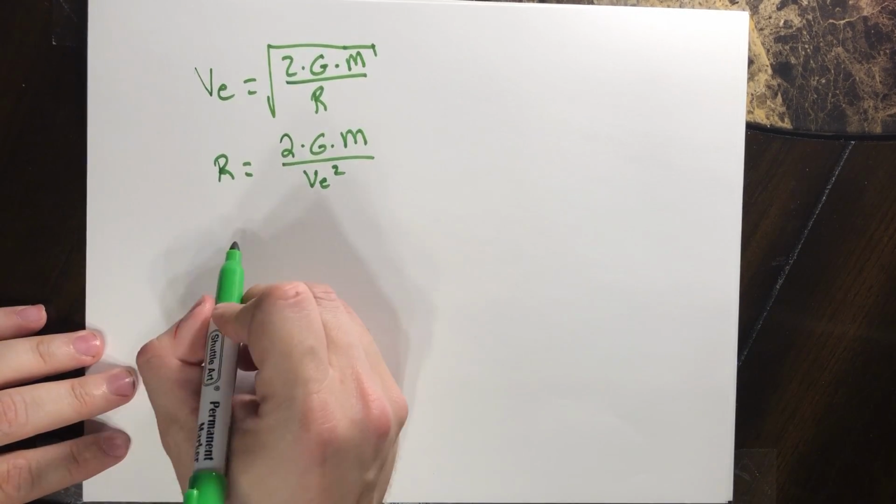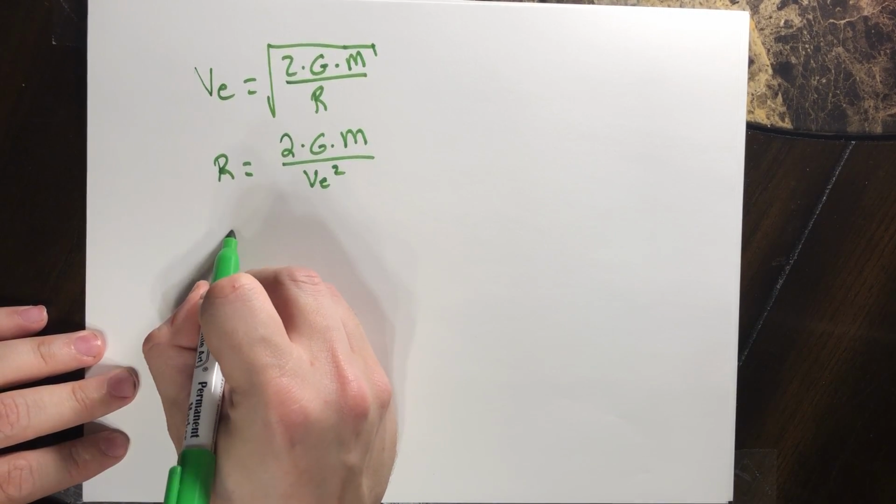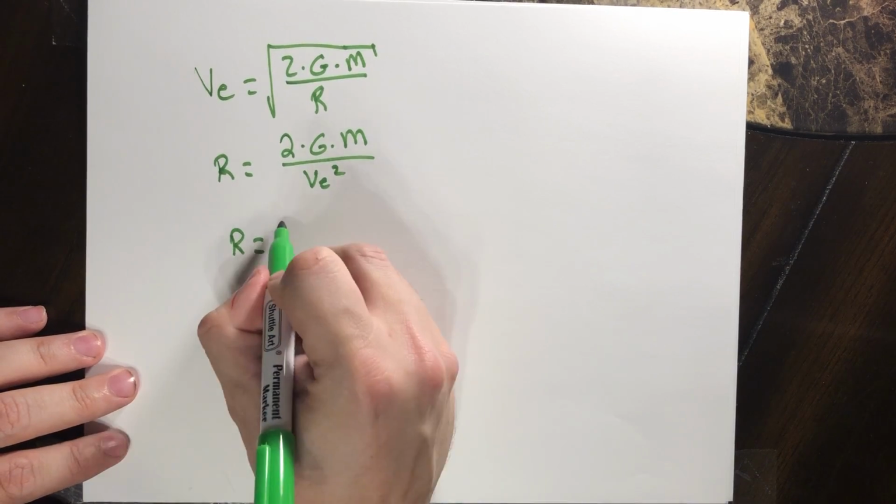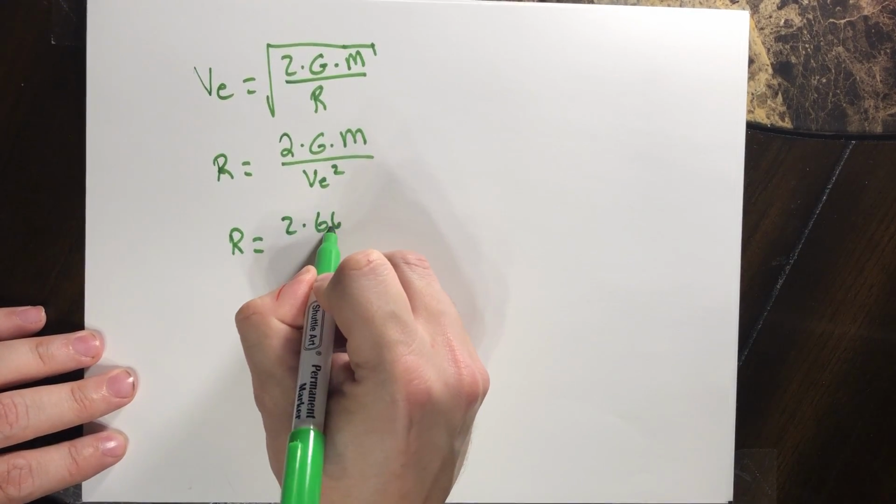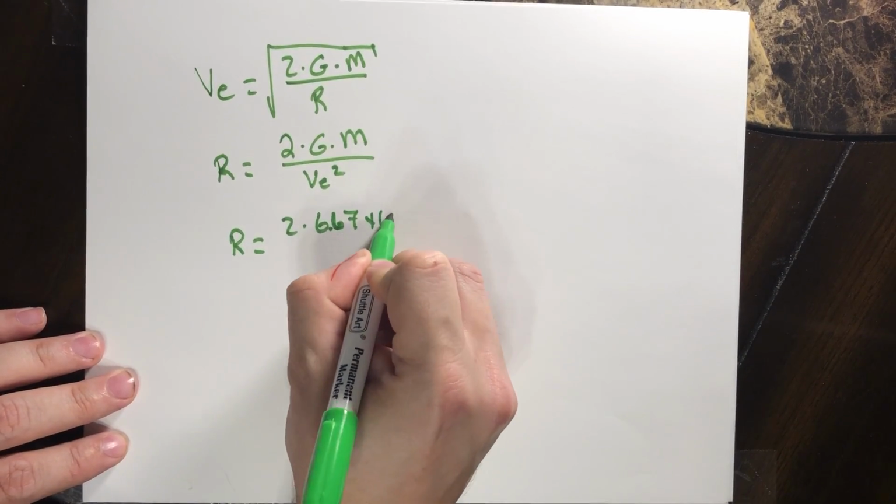So if we plug all this in, we do r equals, well, we have 2 times 6.67 times 10 to the negative 11th.